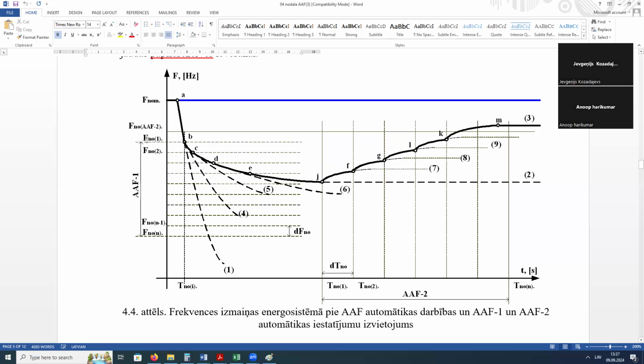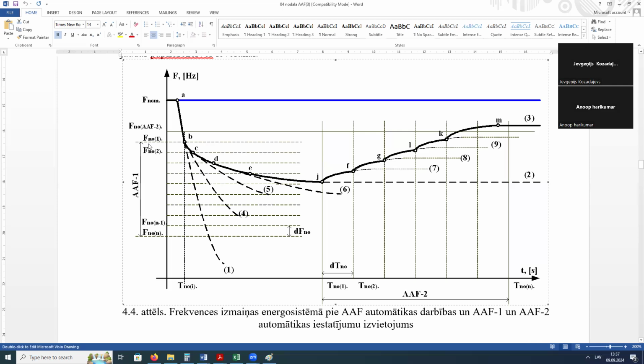So this is F, and O means the set point for the load disconnection. And we have several such set points. It means that when the frequency decreases to a set point level, a dose of loads will be disconnected. And the number of these set points could be different.